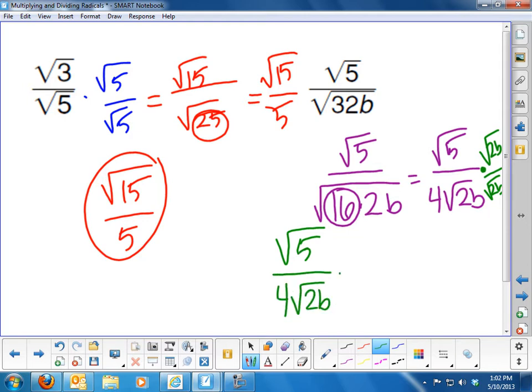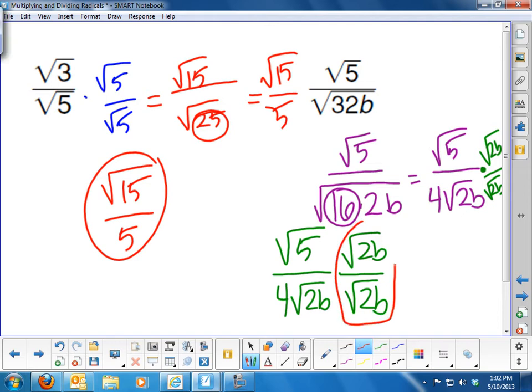I'm going to multiply the numerator and the denominator by the square root of 2b. Because all we're doing here, guys, is multiplying by the number 1, because the square root of 2b divided by the square root of 2b is 1. If you multiply any number by 1, you're not changing its value at all. So I am not doing anything that's breaking a rule. I'm just multiplying this already given fraction by a factor of 1.